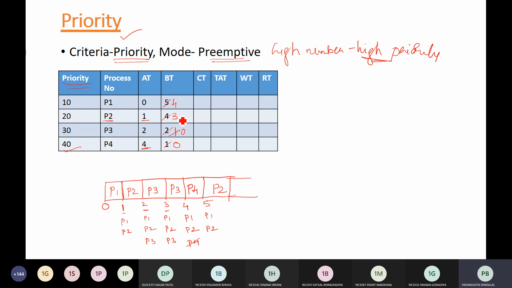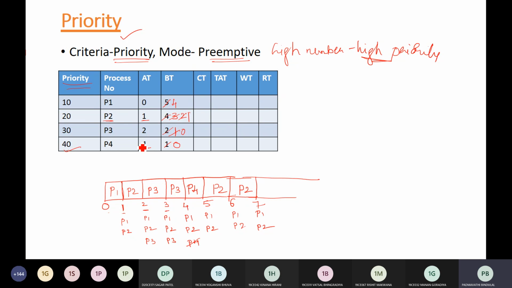P2 you are executing for 1 second, so it will be 6 here. Again in the ready queue you have P1 and P2. In the 6th instant you don't have any other process either, so again you will continue executing P2 only up to the 7th instant. So your burst time here will be 1 now.